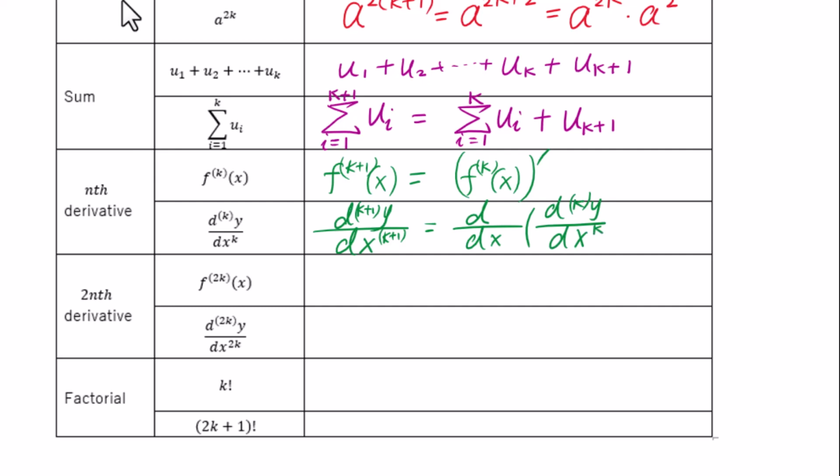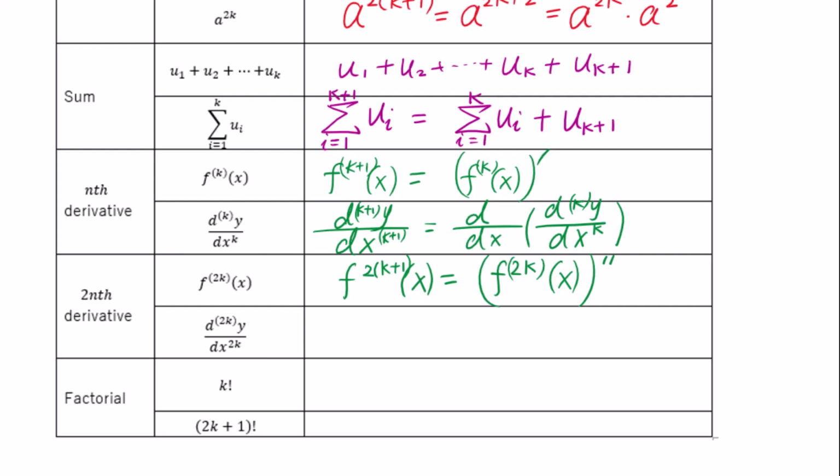For the 2nth derivative, the next term will be the 2 times k plus 1th derivative of f of x, which equals the 2kth derivative of f of x differentiated twice, the double prime.